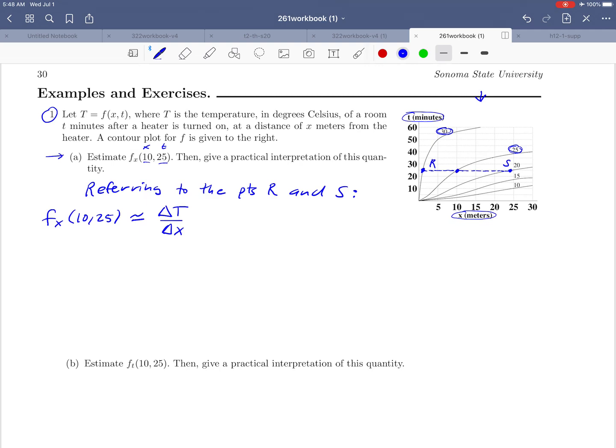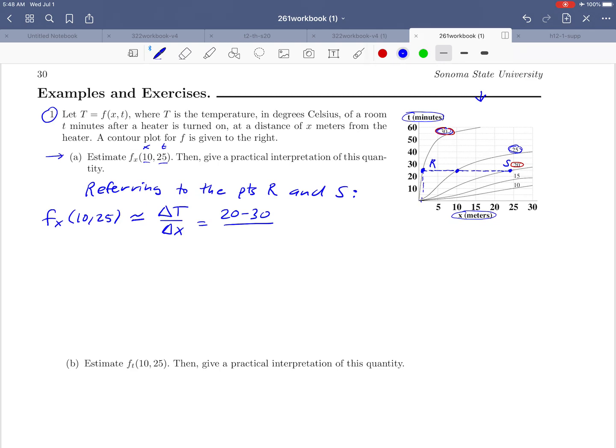And using those two points, temperature is going from 30 down to 20. So we're going to get 20 minus 30. That's going to measure our temperature change. Then how much did x change between R and S? There we have to estimate a little bit. The x-coordinate there looks to be about 1.